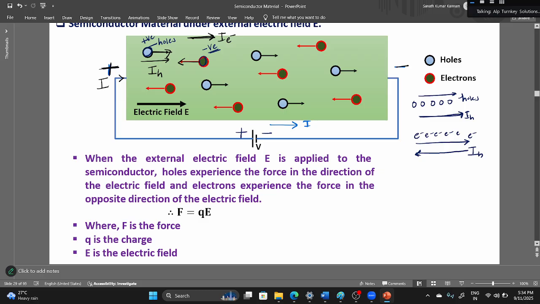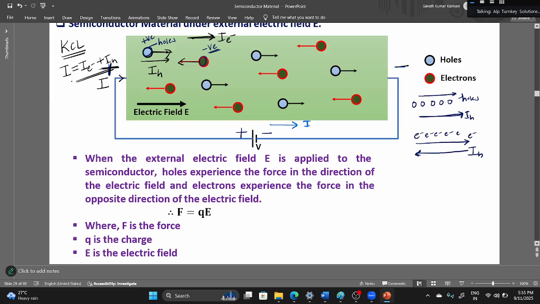If you apply KCL, Kirchhoff's current law, which you studied in networks, entering current equals leaving current. So I equals IE plus IH.